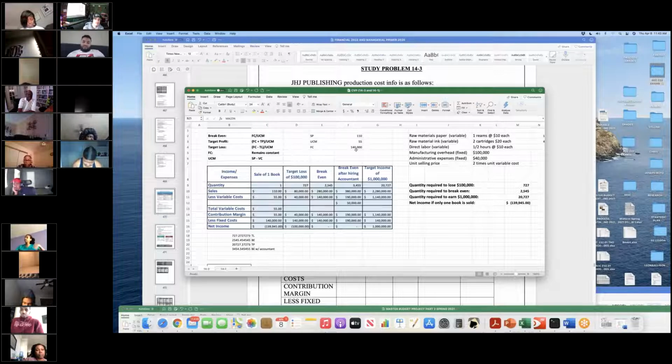She added the fixed costs together and got 145. So we go over here to the column for 1 book. We sell it at 110. The variable cost is 55. So she just added them all up, and the contribution margin was 55 also. Fixed costs were 140. So if she sold just 1, she'd have a loss of 139,945. Any questions?